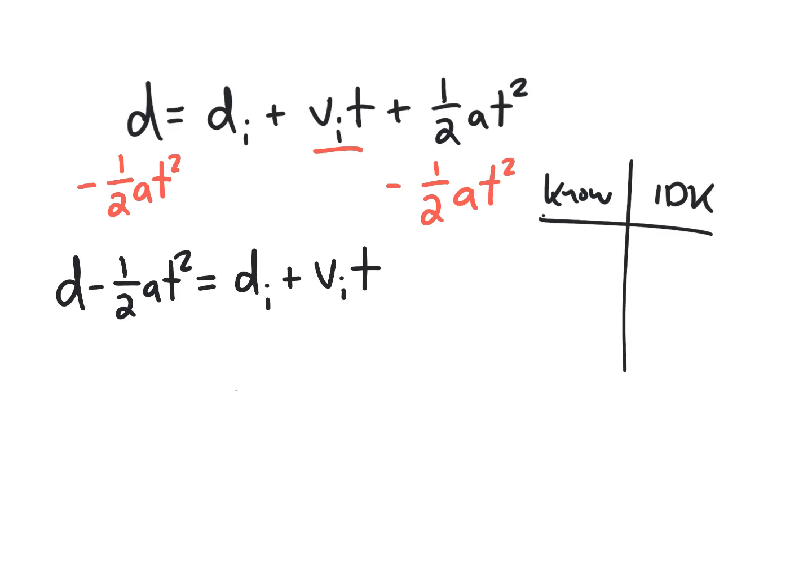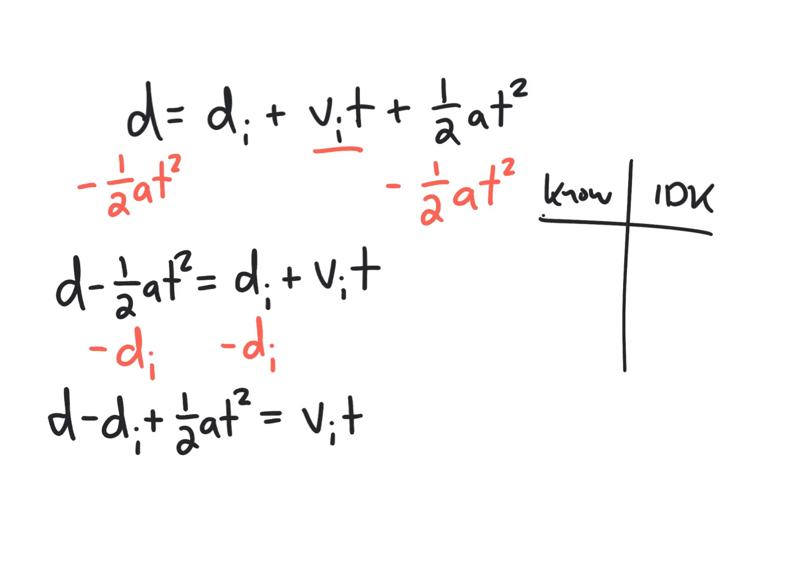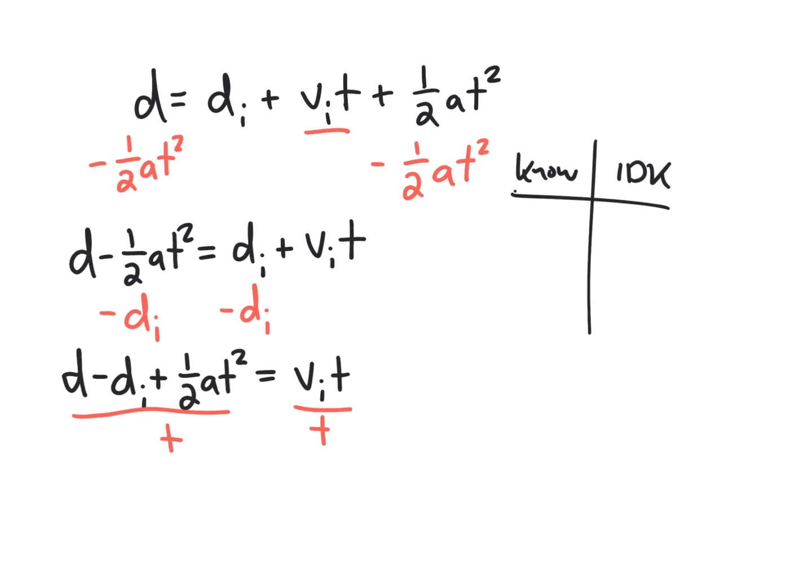I want to get v sub i by itself, so I'm going to subtract d sub i from both sides to cancel that out. So I get d minus d sub i plus half of a t squared equals v sub i times t. And then my final step, I want to get rid of t, so I'm going to divide both sides by t.